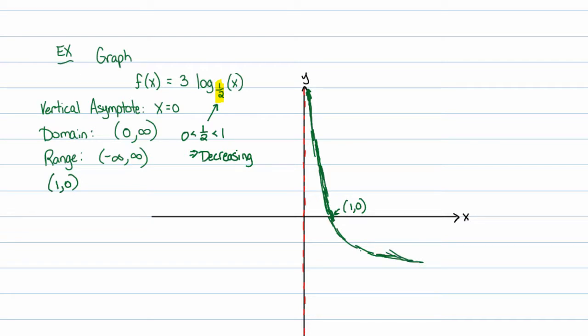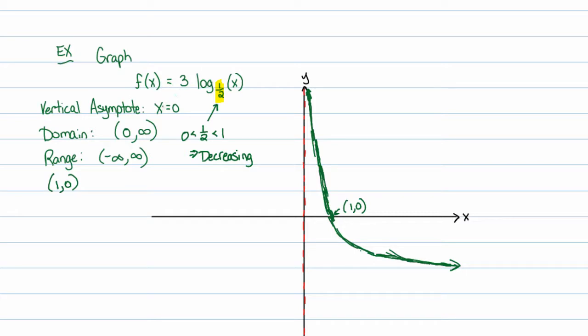How's that? And if you tilt your head to the right, you'll see that this looks like an exponential growth. If you tilt your head to the right and you imagine the x-axis is now the y-axis, you'll see that this looks like an exponential function. That's kind of because it is, in a way. So this would be the graph of 3 times log base 1/2 of x.